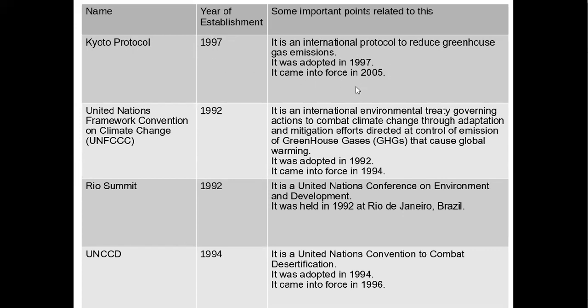Another convention is the United Nations Framework Convention on Climate Change, in short known as UNFCCC. It is also an international environmental treaty governing action to combat climate change through adaptation and mitigation efforts directed at control of emission of greenhouse gases that cause global warming, and it was adopted in 1992.